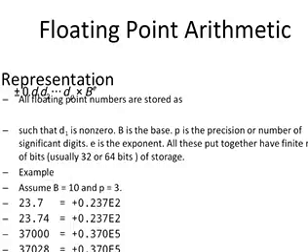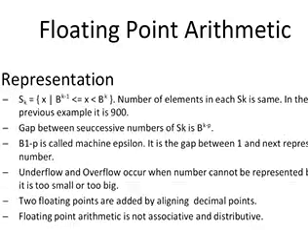See the example here. Floating point arithmetic. One more example: Sk equal to x such that b to the k minus 1 is less than x less than b to the k. The number of elements in each Sk is the same.